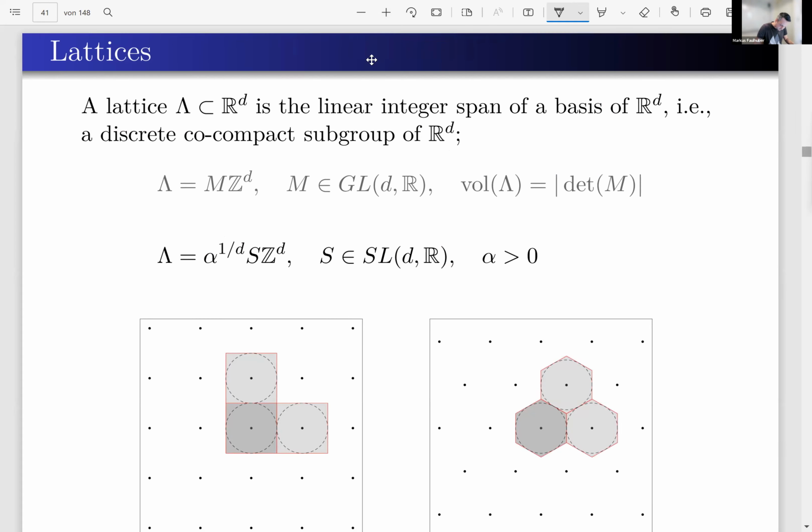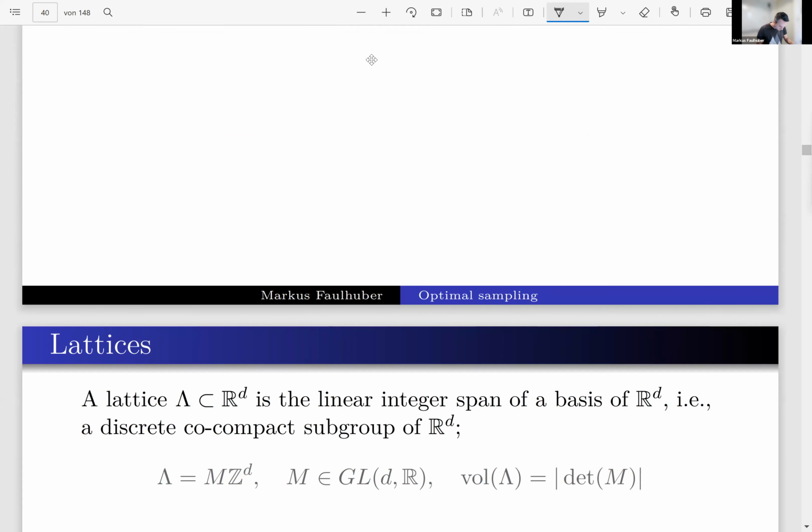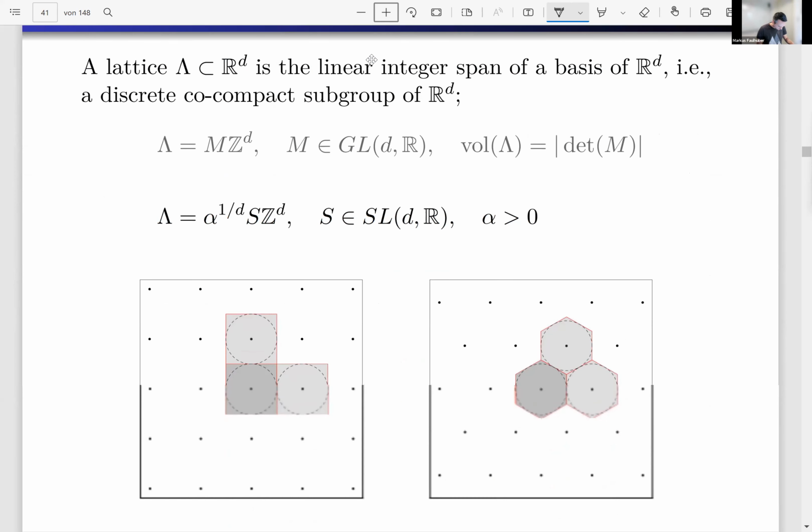What you see here is the square lattice on the left and the hexagonal lattice on the right. It's called this because, as I have depicted here, this is the so-called Voronoi cell of the lattice. Every point inside this regular hexagon region is closer to the lattice point in the middle than to any other lattice point, and this is where the name comes from. Sometimes it's called a triangular lattice because you always find equilateral triangles like this.